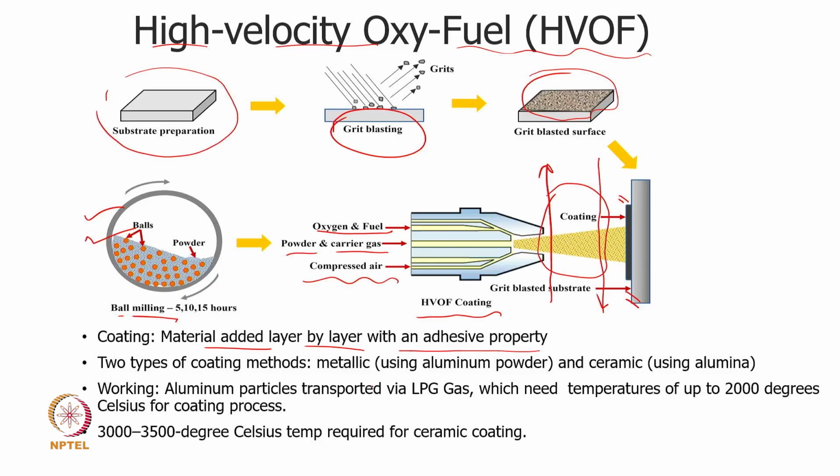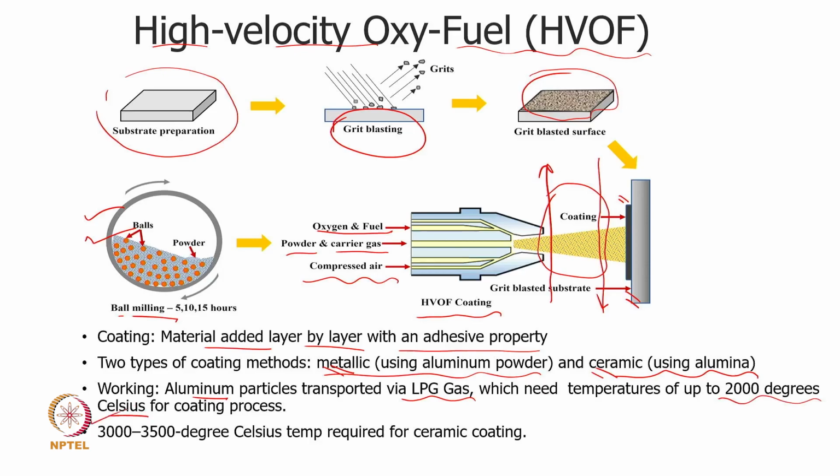We have a provision for aluminum powder coating, and we have a provision for alumina coating also. So, metallic coating we can do, ceramic coating we can do, and particularly when we use aluminum powder, we use the powder with LPG gas that can be used for burning, so that we can reach a 2000 degree centigrade temperature. That is important.